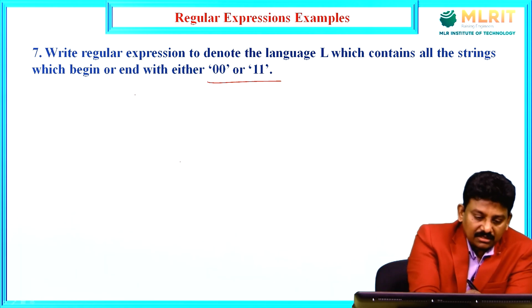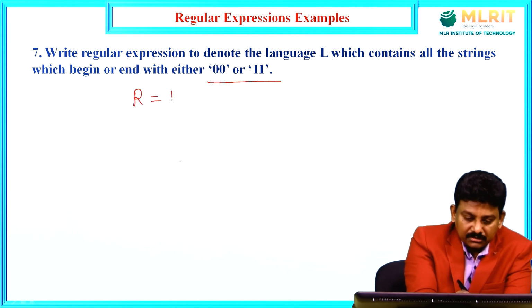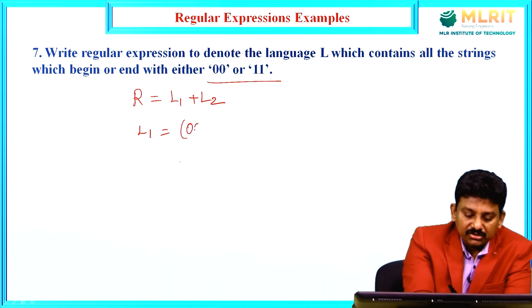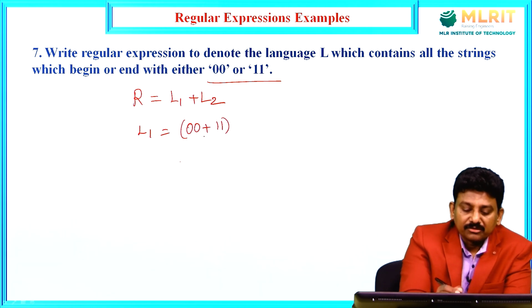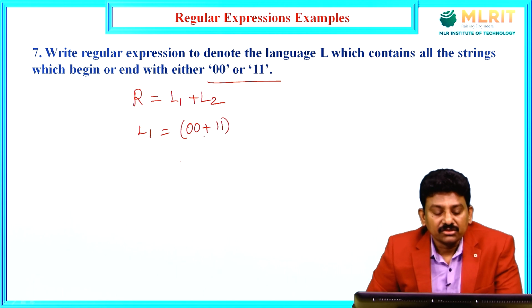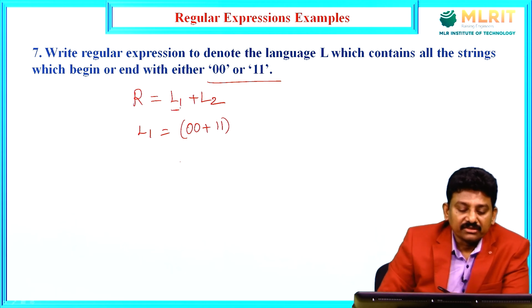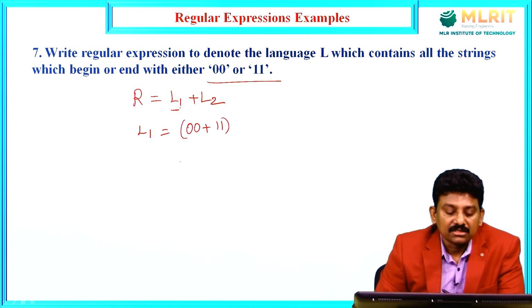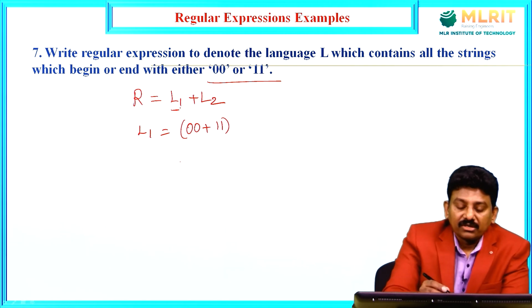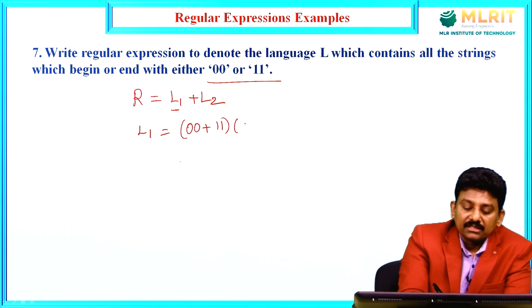So the regular expression will have two parts, L1 plus L2. L1 is the strings that begin with either 00 or 11. So plus means union, either 00 or 11. After that anything, that means (0 plus 1) whole star.